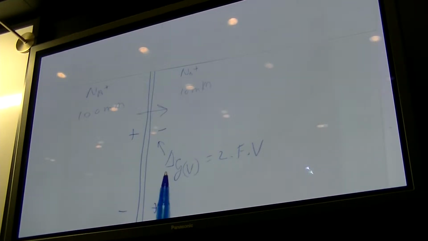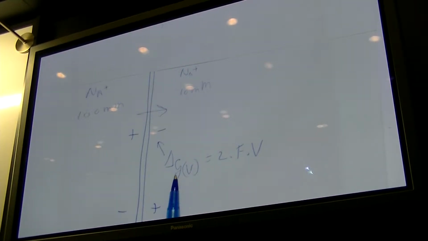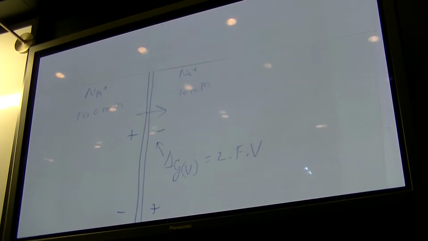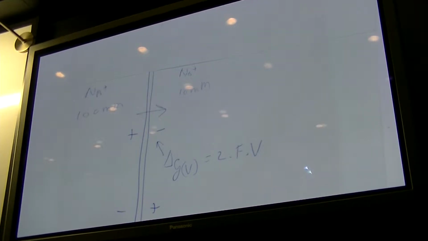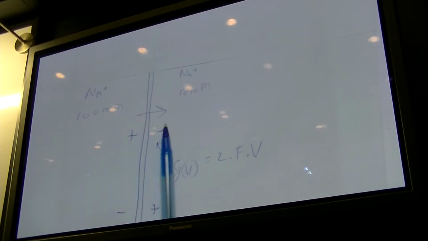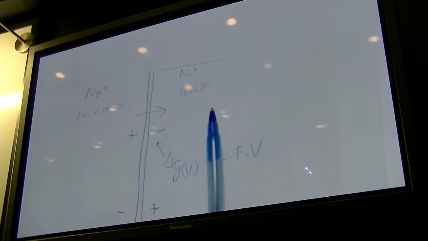Now, the change in free energy that we get here for the movement of sodium, this is just an absolute value of that free energy. Whether this free energy change is going to be positive or negative is something we have to reason about. In this case, because sodium is moving from the left to the right, as indicated by my arrow, we see that as a favored reaction.